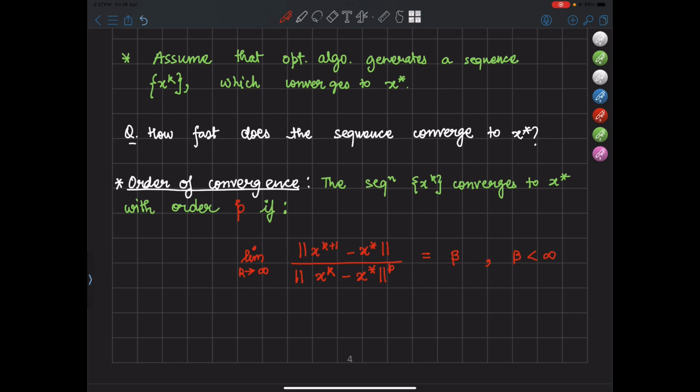If this relation holds, then we say that the sequence converges to x star with order p.